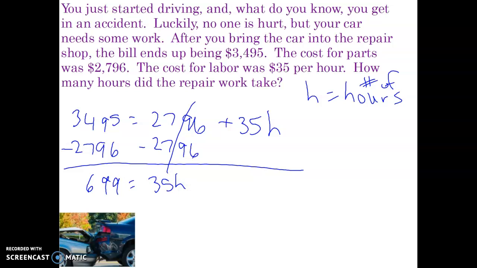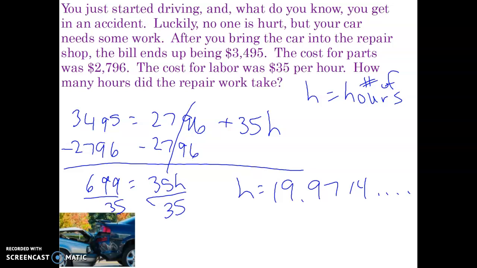All right, so now let's divide both sides by 35, working to get H by itself. And I got 19.9714, a lot of stuff.